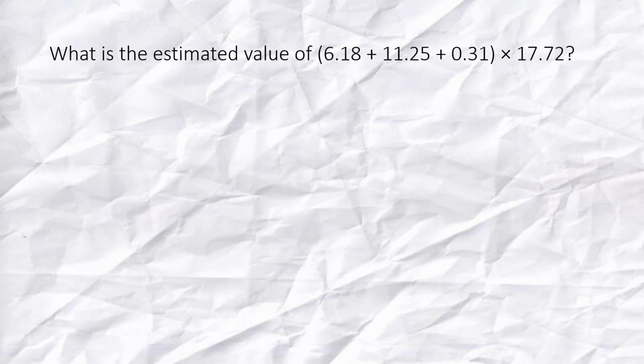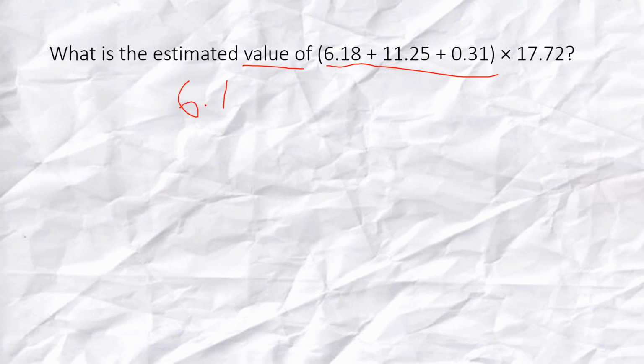Next, what is the estimated value of the parenthesis 6.18 plus 11.25 plus 0.31, times 17.72? To do that, we need to add first the values inside the parenthesis.